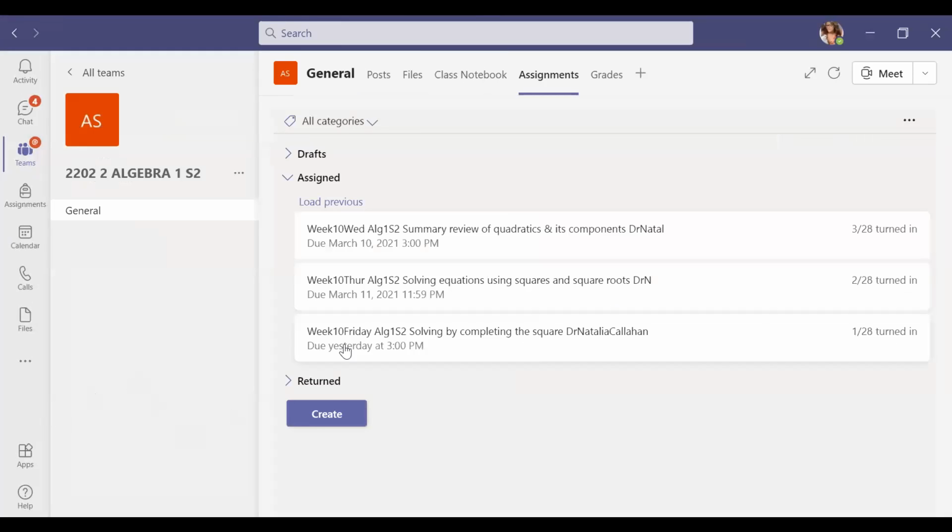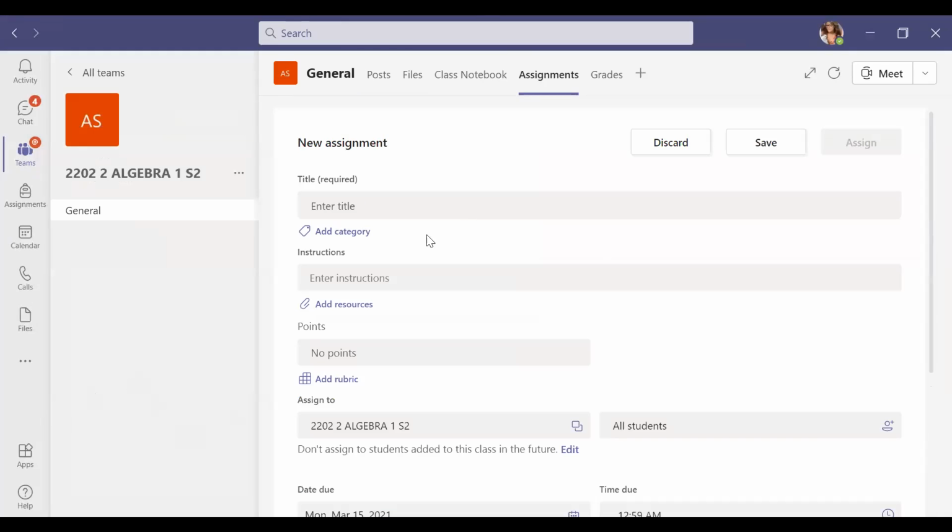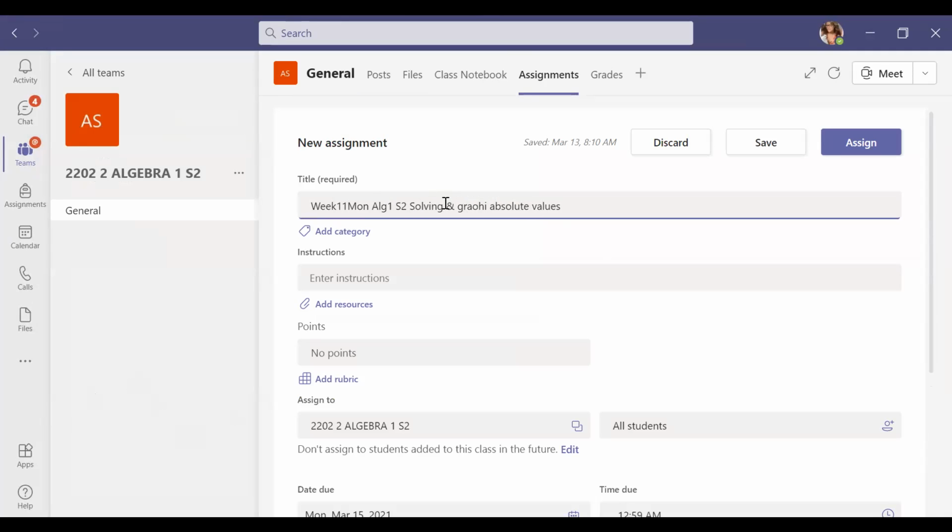Oh, that's not the one that I want. Week 11, Monday, Algebra 1. Today, we're going to talk about solving absolute values. Solving and graphing absolute values.